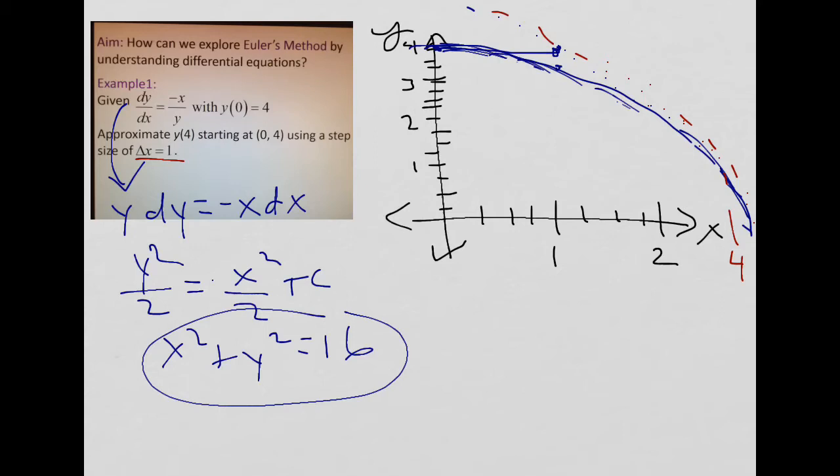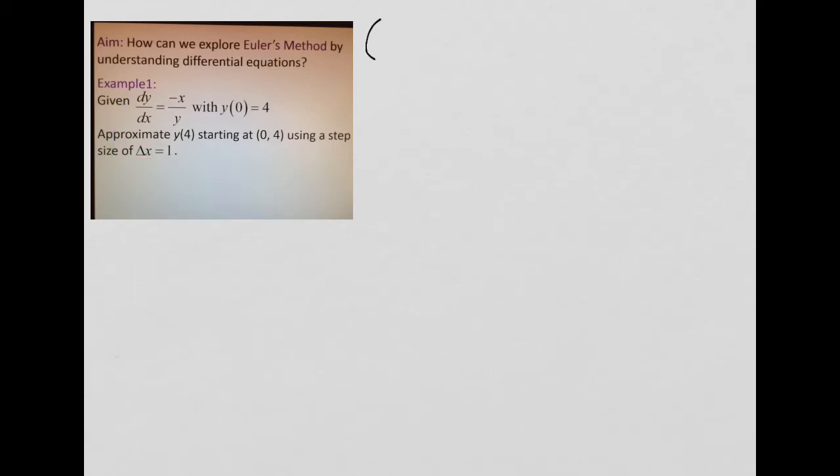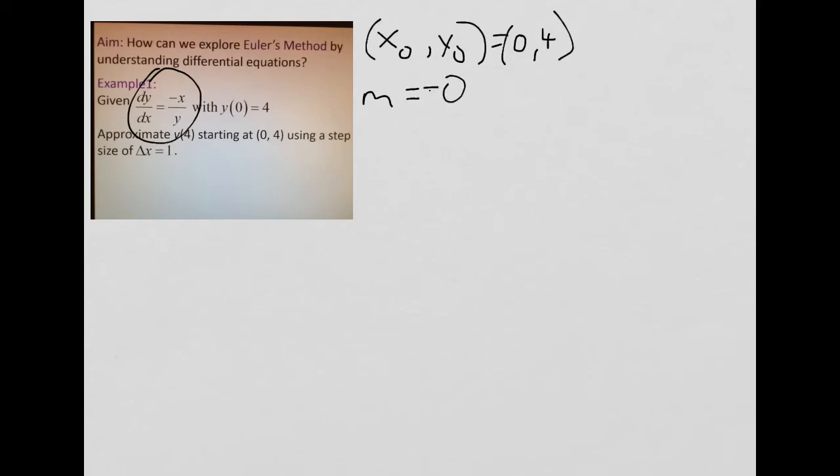Let's start working. Our initial point, we call it (x sub 0, y sub 0). This was (0, 4). Our slope, if we plug in (0, 4), we get 0. If we were to write the equation of the line using this information, I'm going to use A, because this is going to change as we get to more points.